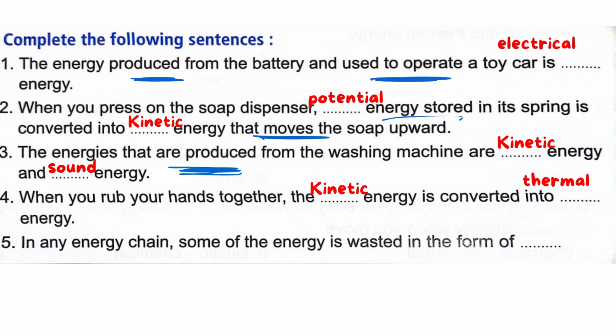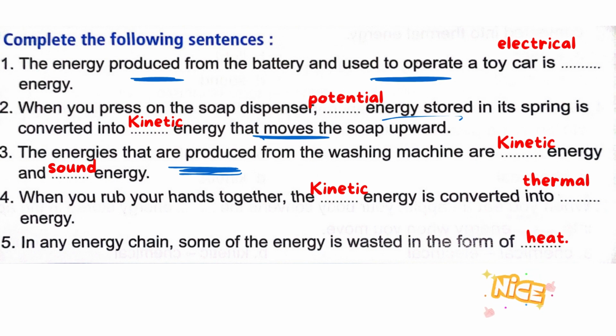We have here another question. In any energy chain, some of the energy is wasted in the form of... we know that some energy can be wasted as it is converted to another form that doesn't help the device in its job, okay? And most of the time this wasted energy is in the form of, yes, heat or thermal energy.